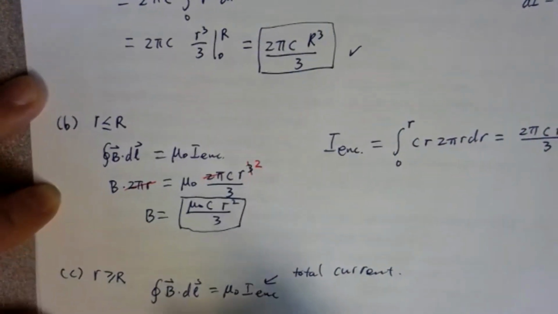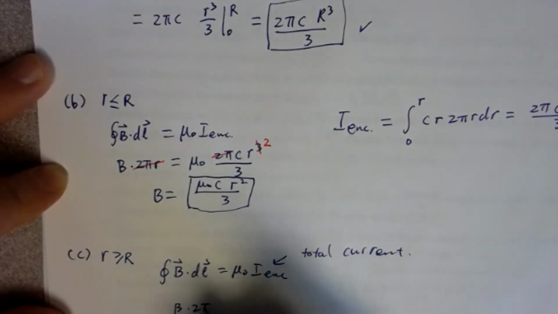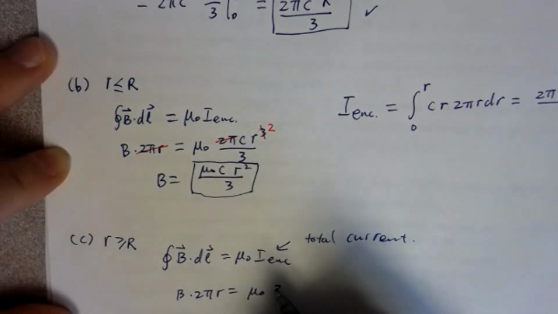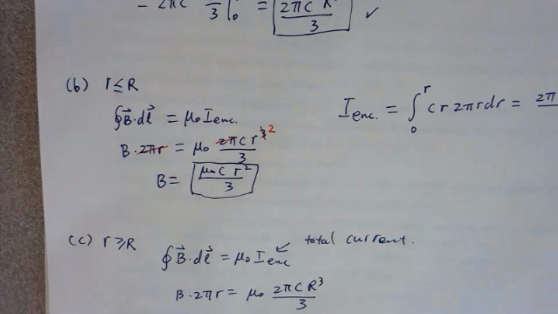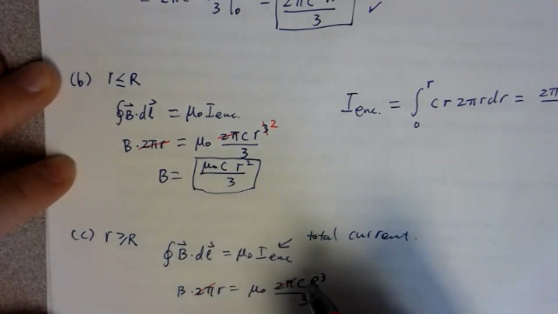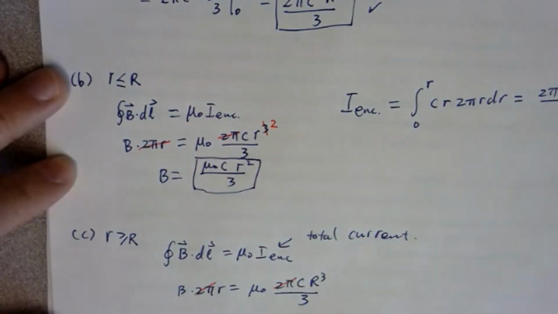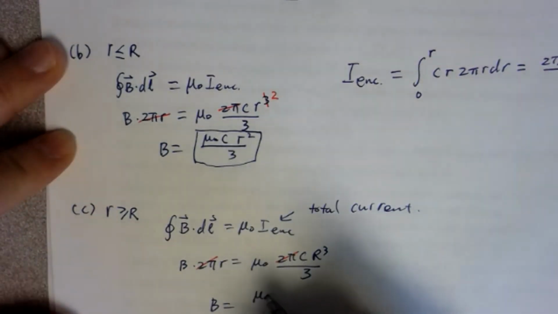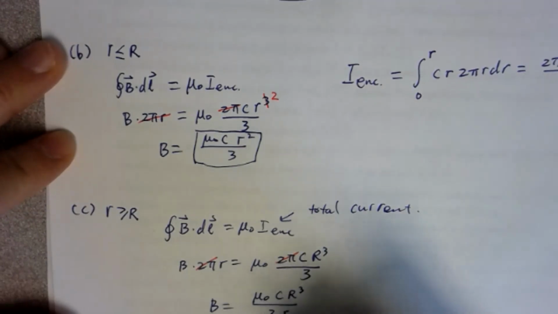Okay, so then you'll have B again times 2 pi r equals mu naught 2 pi C R to the Q over 3. So this time 2 pi and 2 pi cancel, but small r does not cancel capital R because they are different. So your B field then equals mu naught C R to the Q over 3r.